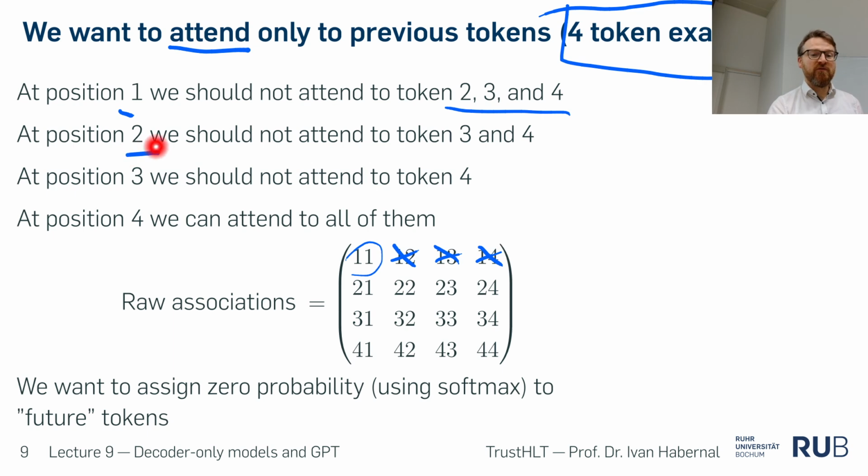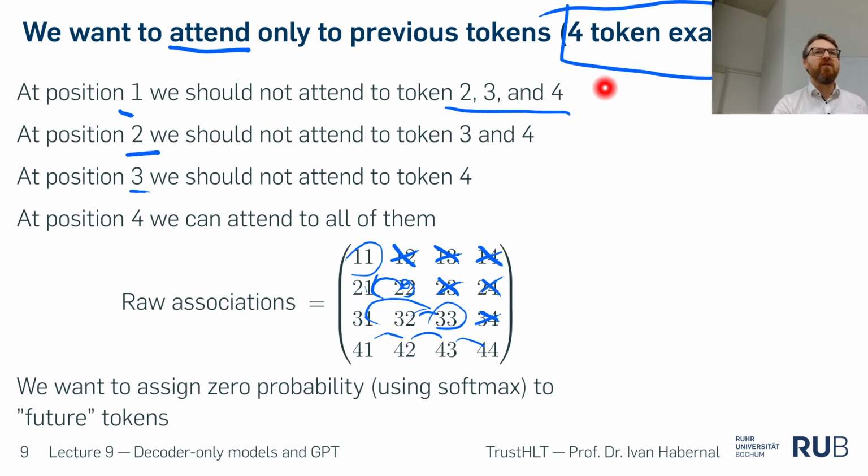At position 2, we should be able to look back. That's okay, because this is a previous token, but we shouldn't be looking into the future. At position 3, again, we should be able to take the information from the past, but we shouldn't be looking into the future. And if you are at the last token, of course, we can attend to every other token in the previous sequence. Does it answer your question in a way? Very, very well.